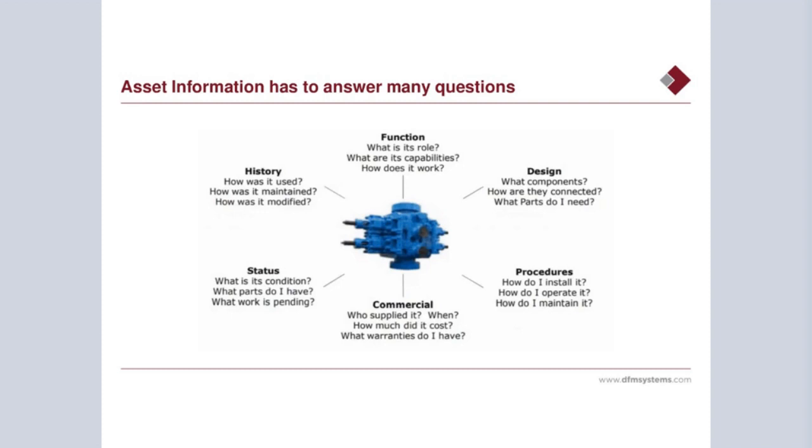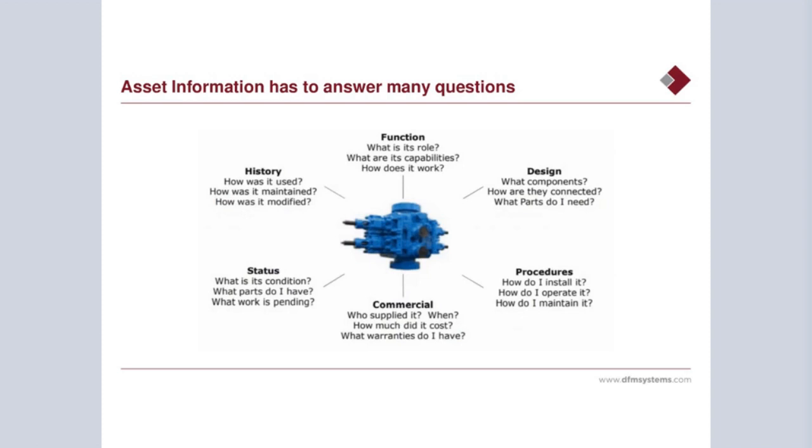That asset information has to answer many questions, such as what's the capability of the equipment, how does it work, what parts do I need for servicing and maintaining it, what procedures do I need to follow when I'm installing it or when I'm operating or maintaining it, who supplied it, and where do I have to go to get replacement costs, and what warranties, for example, are in place.